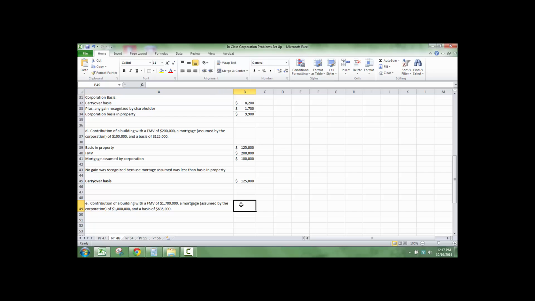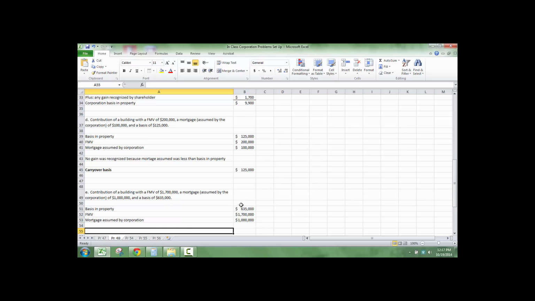So we have basis in property, fair market value 1,700,000, and then we have mortgage assumed by corporation. All right.